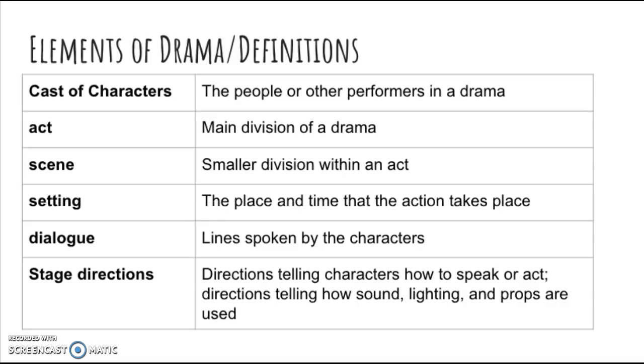And then you have stage directions, where the person who wrote the drama will actually tell the characters how to say something, or what props to use, or what lighting to use, or where to move on the stage. Those will often be in italics when you take a look at an actual text of a drama.